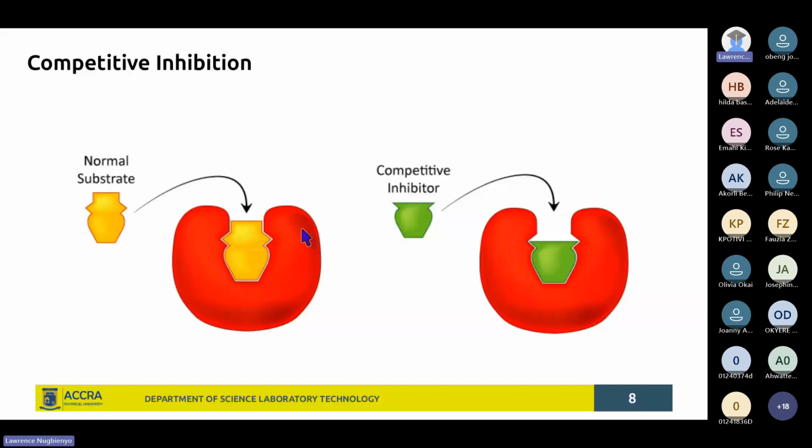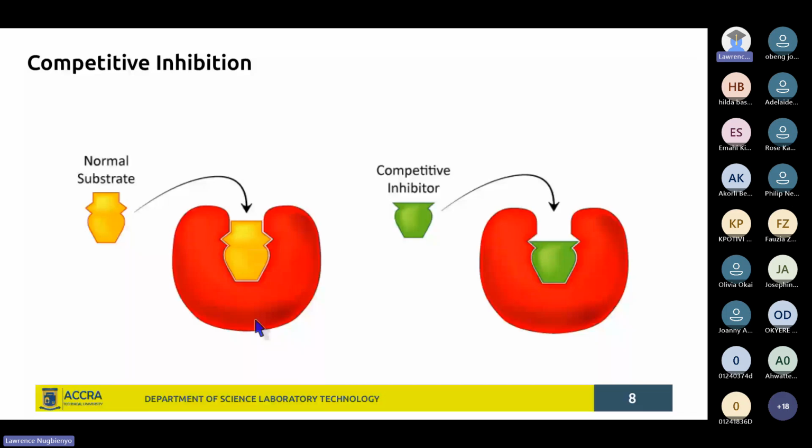The first we are looking at is referred to as competitive inhibition. And what does it mean, competitive inhibition? Now you do remember we made reference to the active sites of an enzyme, the particular portion of the enzyme that interacts with the substrate and acts on the substrate.